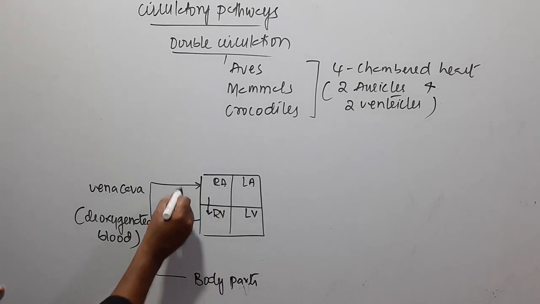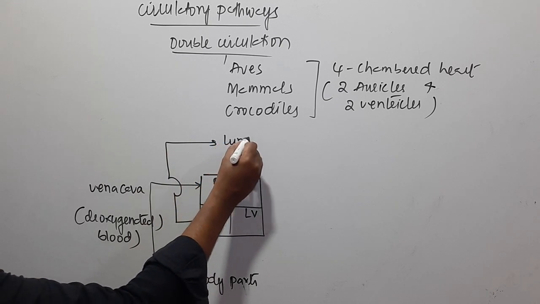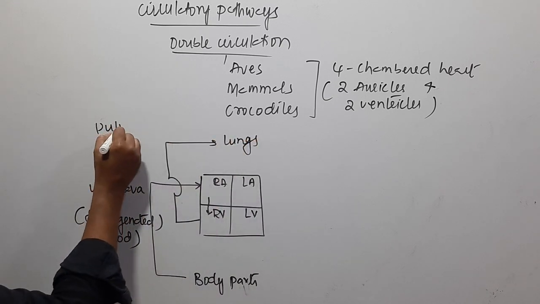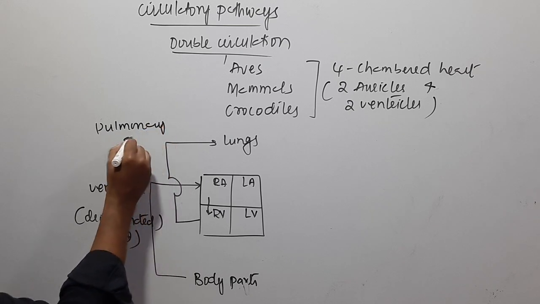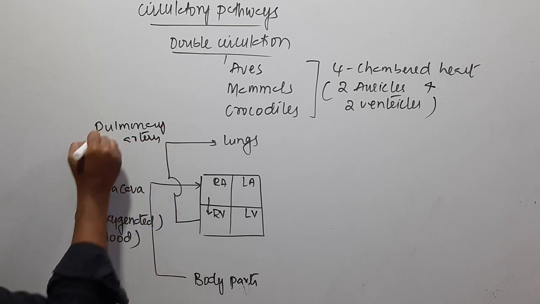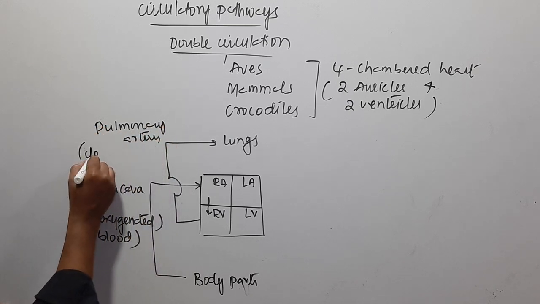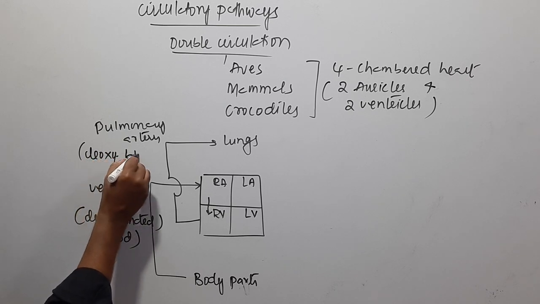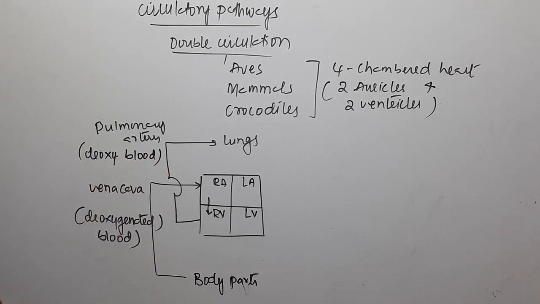From there the blood passes to the lungs through the pulmonary artery, which also has deoxygenated blood.